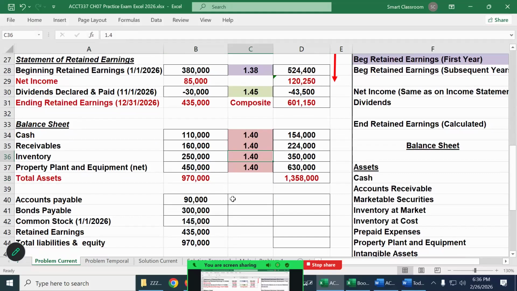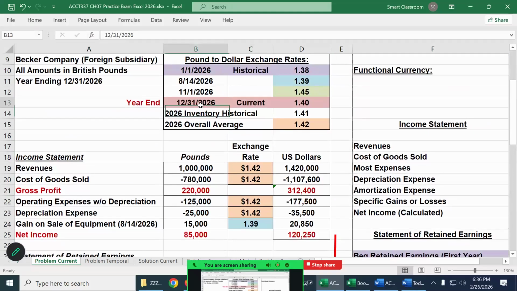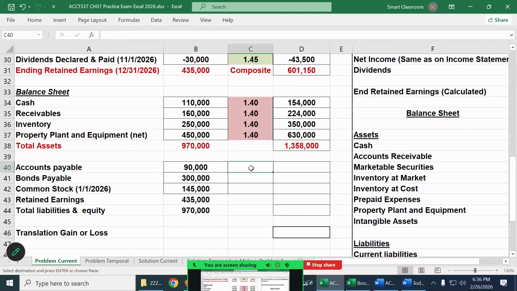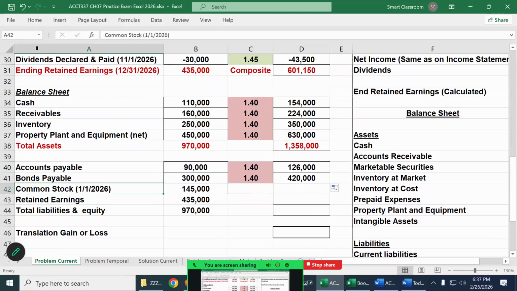And we're going to do the same thing for the accounts payable. At the end of the year, we have these liabilities, and our best estimate is that on 12/31, it's going to be $1.40, just like the other stuff. So these first two are going to be the same. 128 and common stock. The common stock is going to be as of the first of the year.